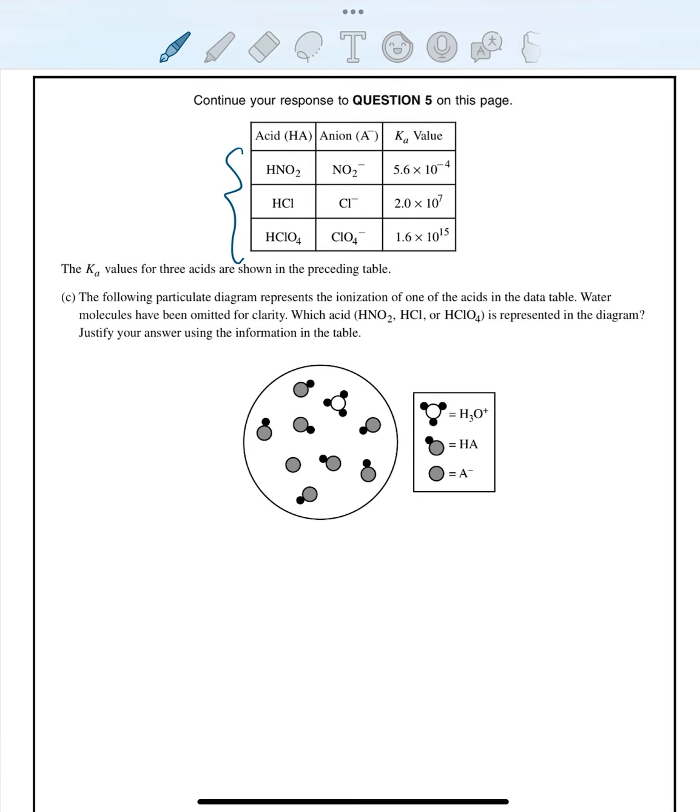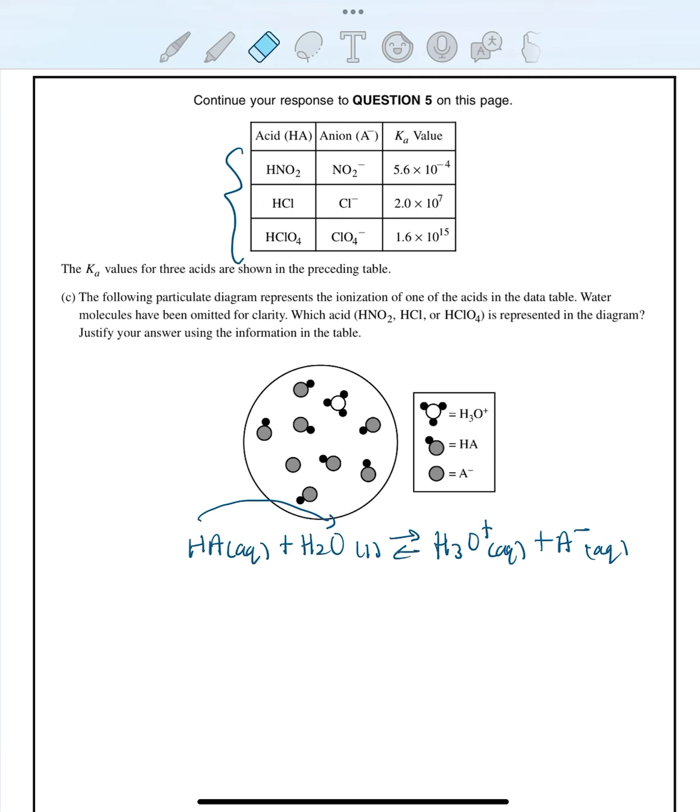First of all, if I write down a generic equation, HA plus H2O, in a Bronsted-Lowry kind of equation, we know that acids are H plus donors, so the HA will give away its hydrogen ion to water, creating hydronium, H3O plus, as well as the conjugate base A minus.